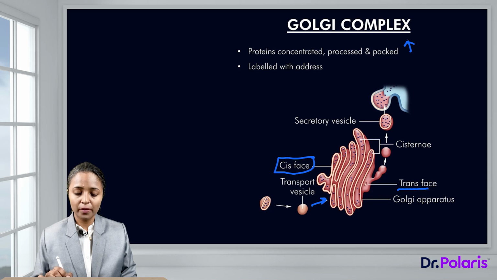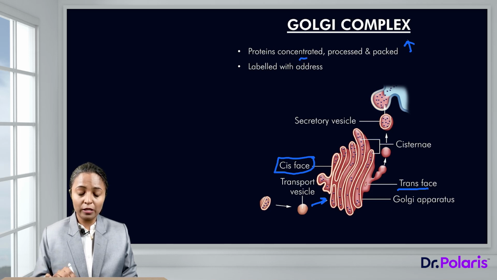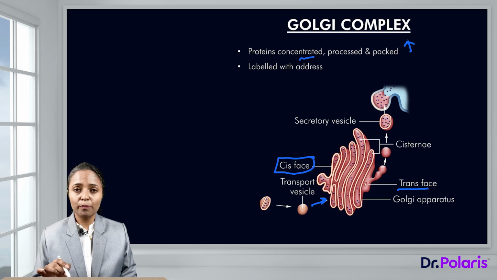Now in the Golgi complex, the proteins are concentrated. There is some further modification going on, known as processing, and they are packed and labeled with some address, because there will be different proteins which have to go to different places. Some have to be secreted, some have to go within the lysosomes.